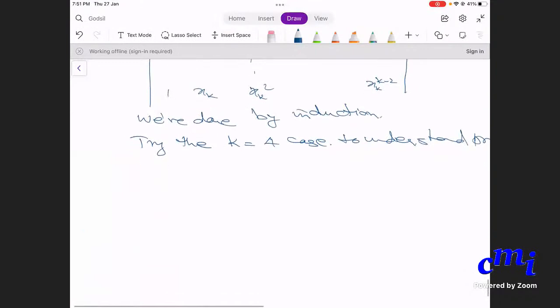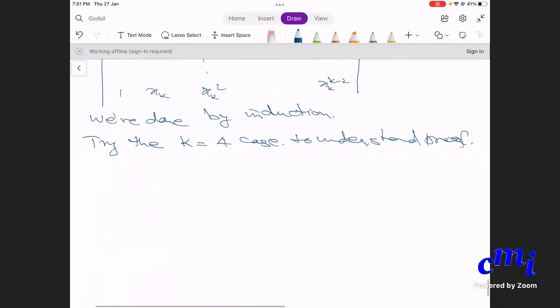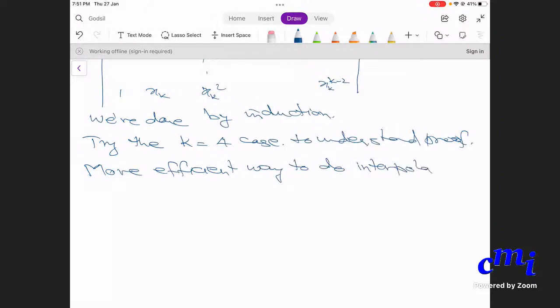So here is a more efficient procedure for doing interpolation. And this is the standard procedure. The more efficient way relies on the following thing.